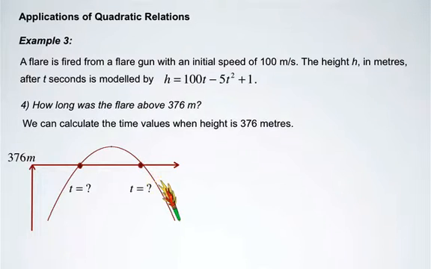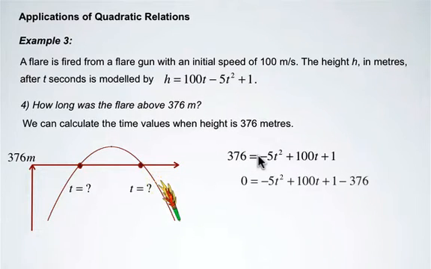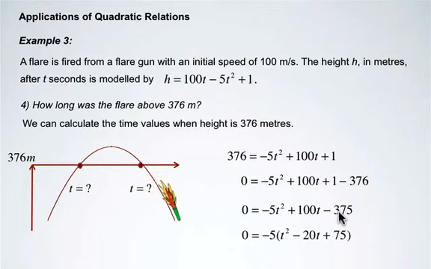We don't know when those occurred. But we can substitute 376 in for our h. We'll then move everything to the right side. And then we get a quadratic expression in standard form: negative 5t squared plus 100t minus 375.